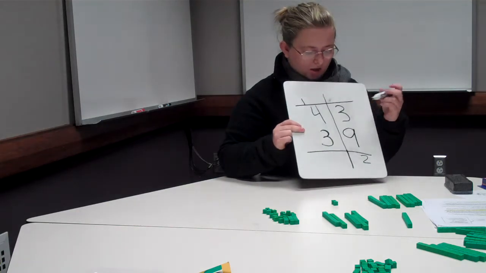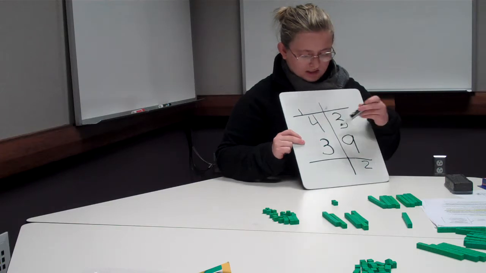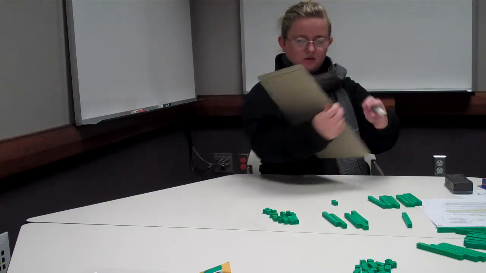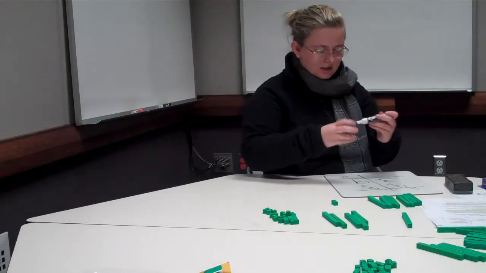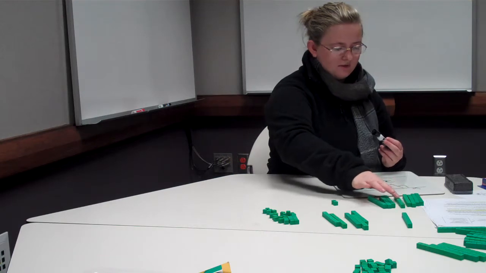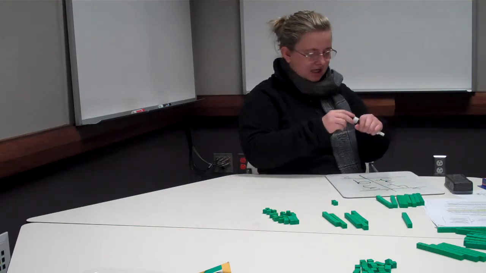Great. All right, and then we have 40 and 30 because that's the tens, and then you have a 10 up here. All right, let's add our tens together. 10, 20, 30, 40, 50, 60, 70, 80. Good, you didn't forget that extra 10.